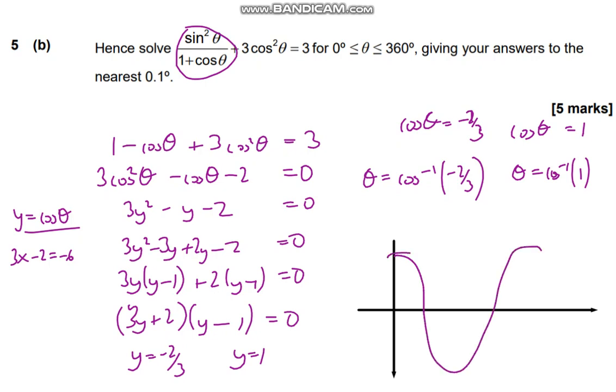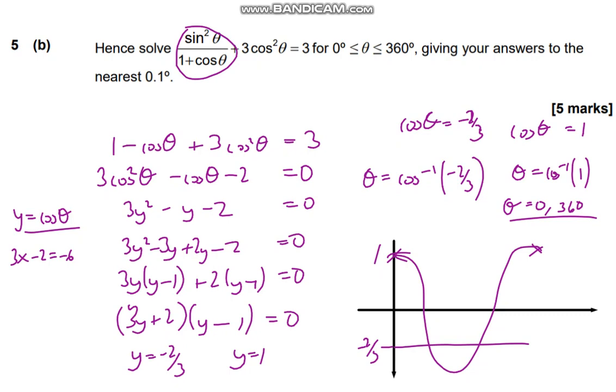First one to say is that's obviously going to be 1 there and minus 2/3 here. So obviously we've got these two answers here and here, and so that's theta is equal to 0 and 360, and we didn't even need to do any calculations for that.